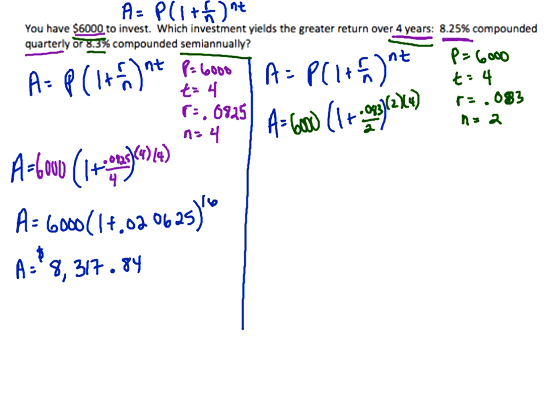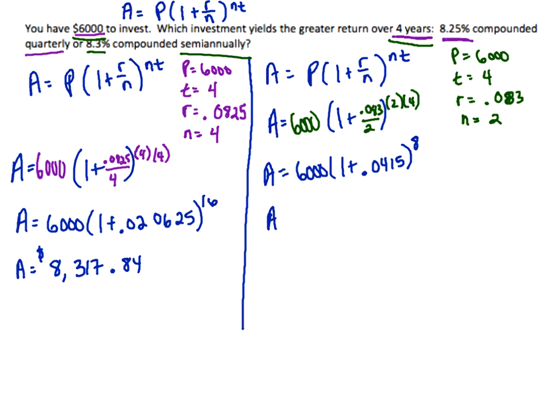Okay, so I'm just going to simplify this a little bit before I put it in my calculator. 0.083 divided by 2 is 0.0415, and that's all raised to the 8th power. So I'm going to add 1 and raise that to the 8th power, and then multiply that by 6,000.